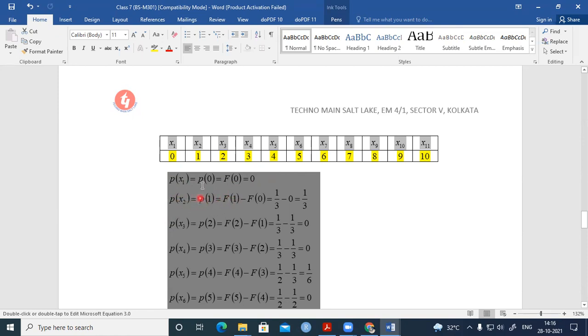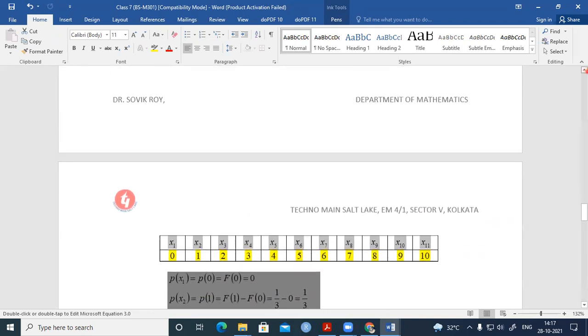Now, if I need to calculate p of x2, then we will apply the formula. That's p of x2, I mean p of 1. P of 1 means the distribution function's value at x equal to 1 minus the distribution function's value at the previous point, that is x equal to 0. And in this manner, we have calculated the probabilities. P of 1 means F of 1. F of 1 is 1/3.